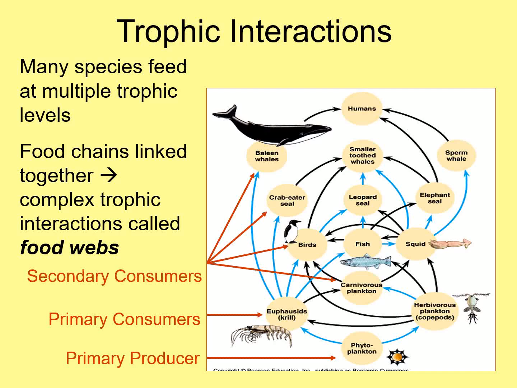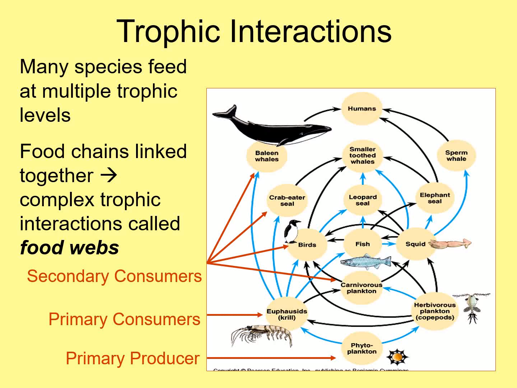Okay, now here's where it gets a little bit tricky, possibly. I've got some secondary consumer, carnivorous plankton, which are zooplankton, but they're zooplankton that are eating other zooplankton instead of eating phytoplankton. So they would be secondary consumers. You have the birds that are feeding on the krill.